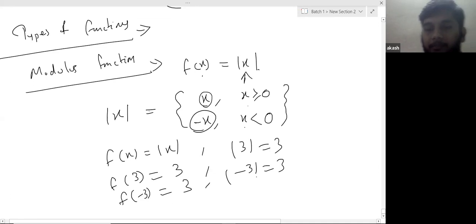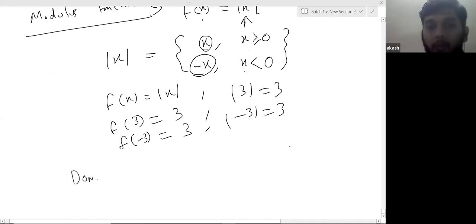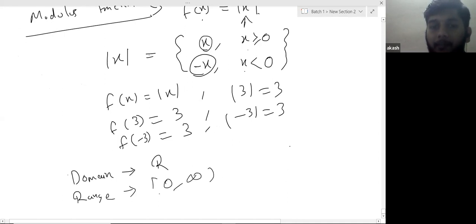Irfan, clear? All right. So domain of modulus function is R. Put any value in it. There is no issue. The range is 0 to infinite, because this will never give us negative value.